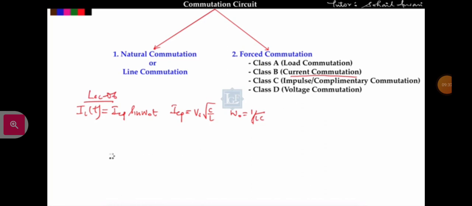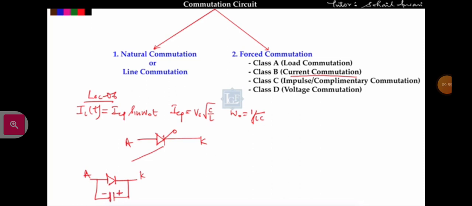Now we know that we can turn on the SCR by supplying gate current, right? But to turn off the SCR, there are two methods. First method is to make the voltage polarity across this SCR negative, with this as anode and this as cathode.